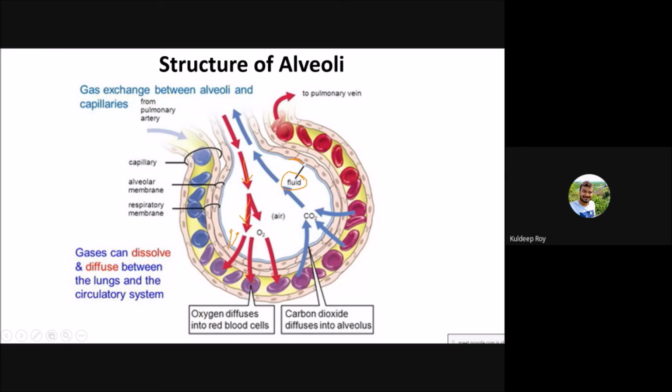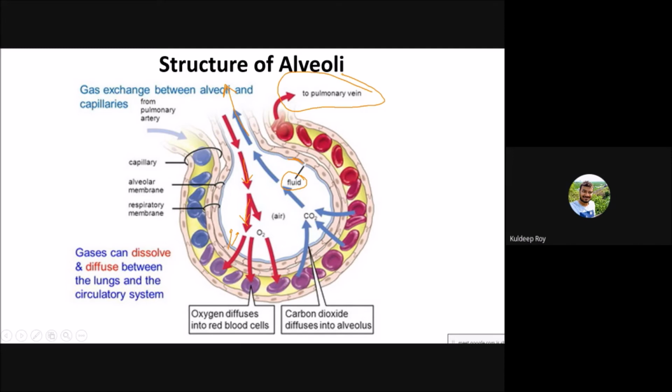Then oxygen will diffuse here. After that CO2 will be released and go out from this region, and then the oxygen-rich blood will flow in your veins. This is the working principle of alveoli.